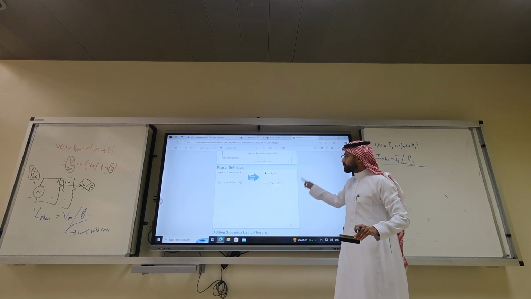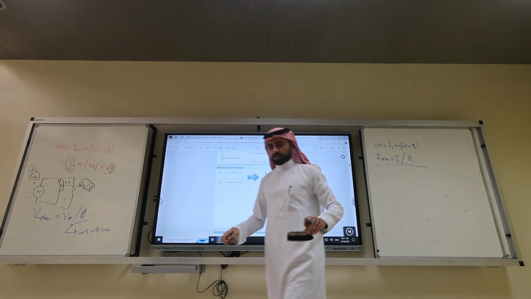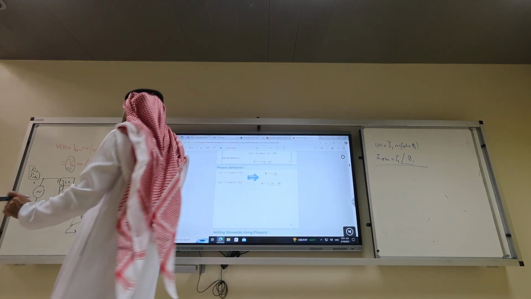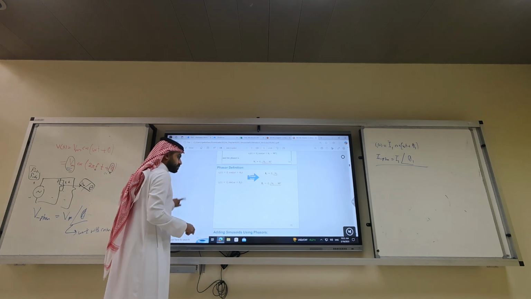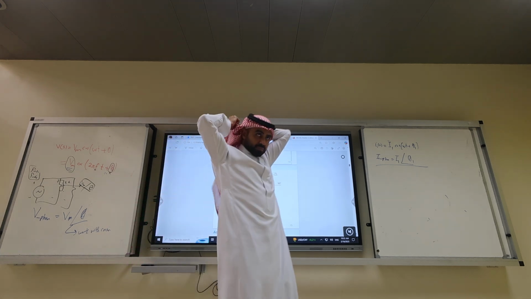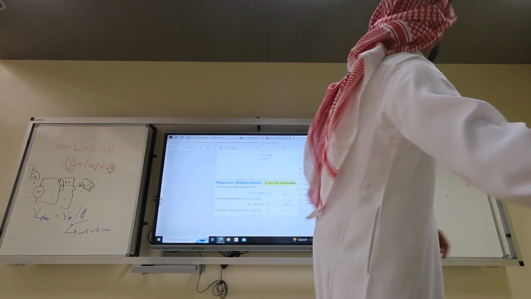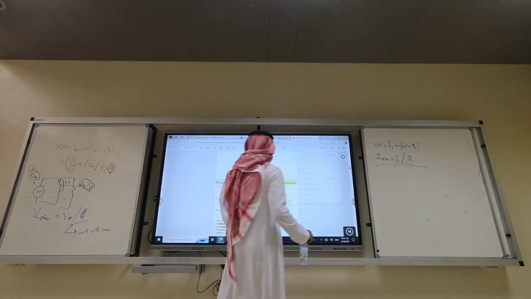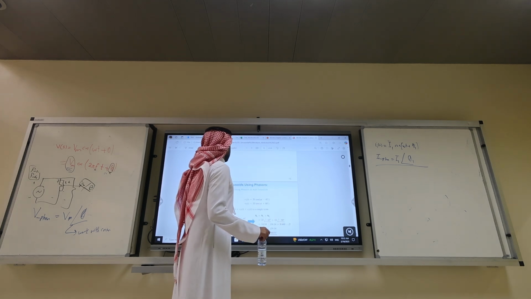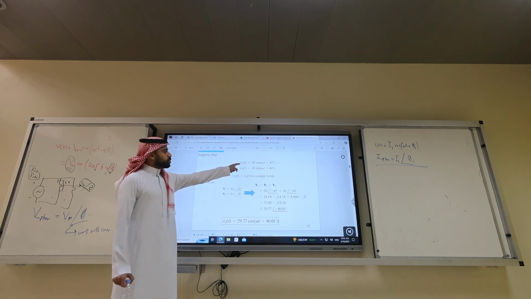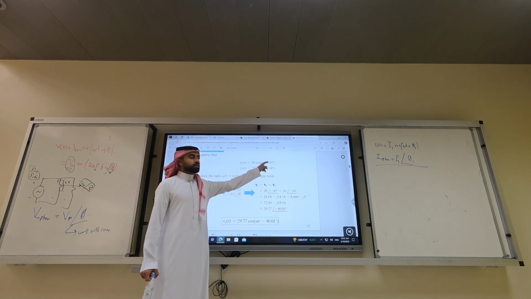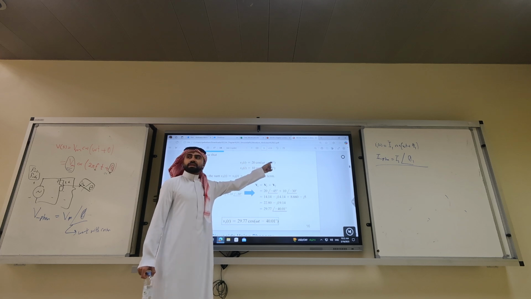Okay? Let's continue. Why do we do phasors? What if I want to add V1 of t, 20 cosine omega t minus 45, and a second voltage, 10 sine omega t plus 60? What's the first phasor? 20 angle minus 45.